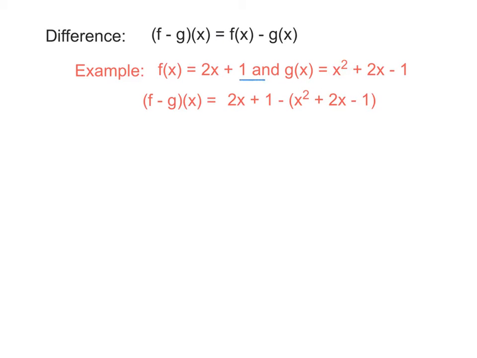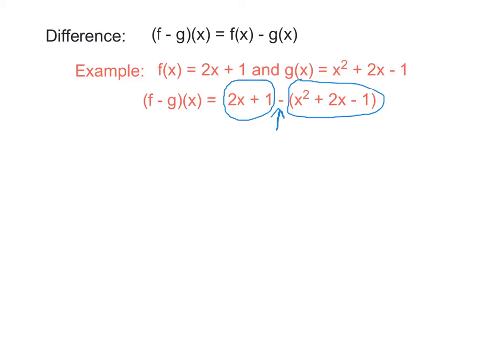We have our first function, f of x, and our second function, g of x, and we're simply subtracting them. The only thing to be careful of is this minus sign right here. That's the reason I purposely put x squared plus 2x minus 1 in parentheses, because I am subtracting.